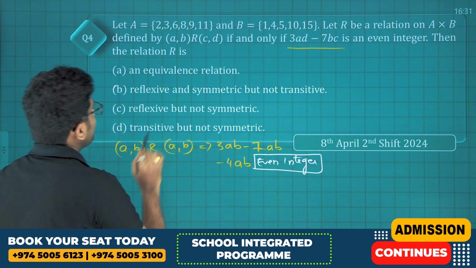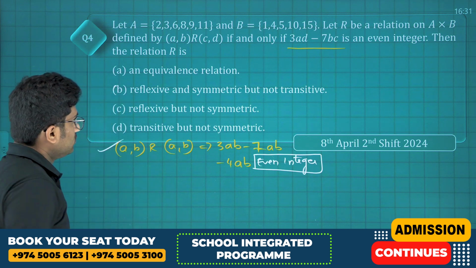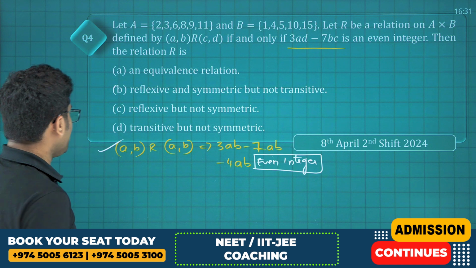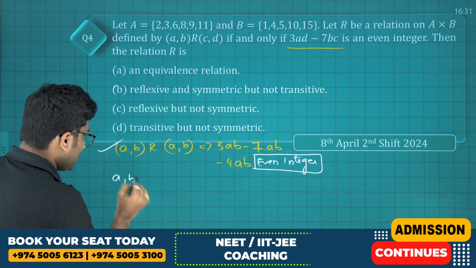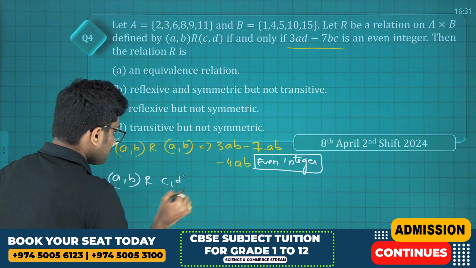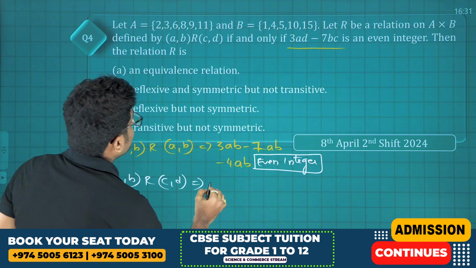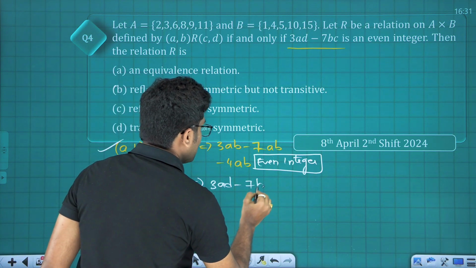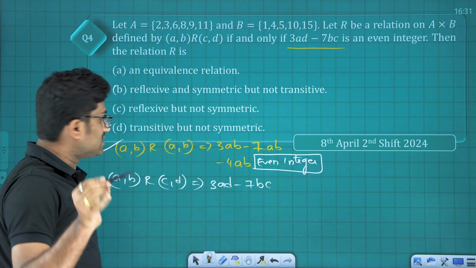So relation R is reflexive. Fine. Next, to check symmetric, what to do? (a, b) related to (c, d) implies 3AD minus 7BC is an even integer.